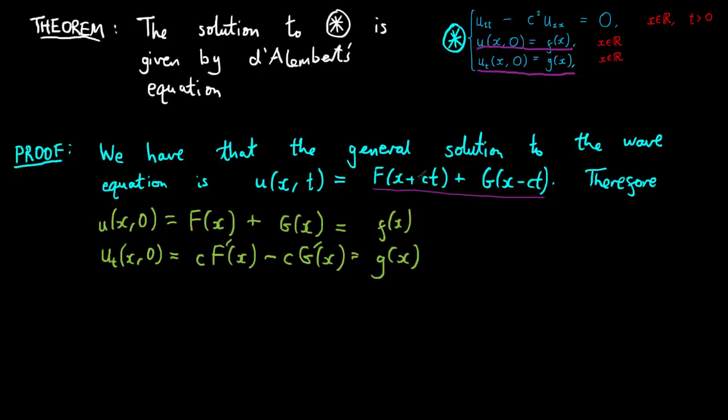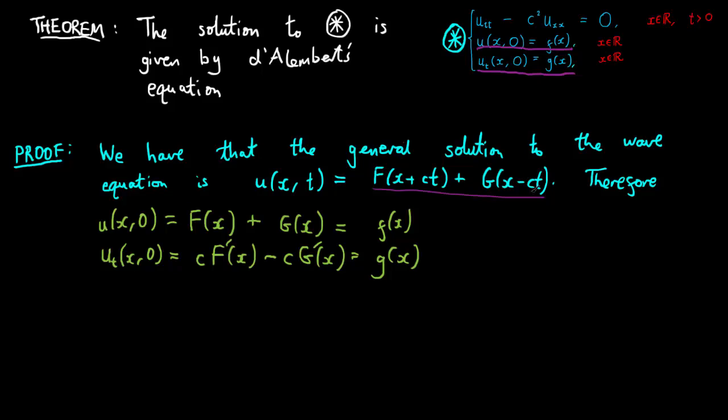Well, by the chain rule, there's a c in front of the t here, so we would get a c coming outside, so we'd have c times big F prime of x plus ct, but then that's evaluated when t is 0, so we just get c F prime of x. So that's where this term comes from.